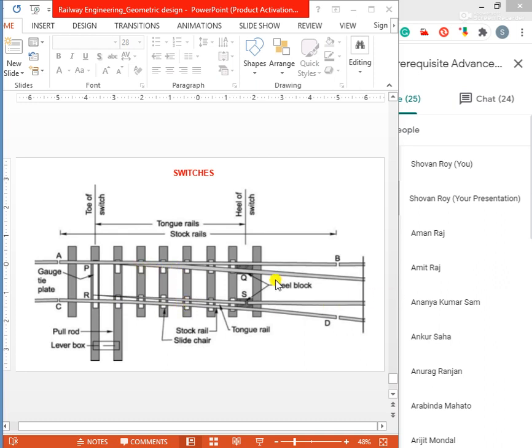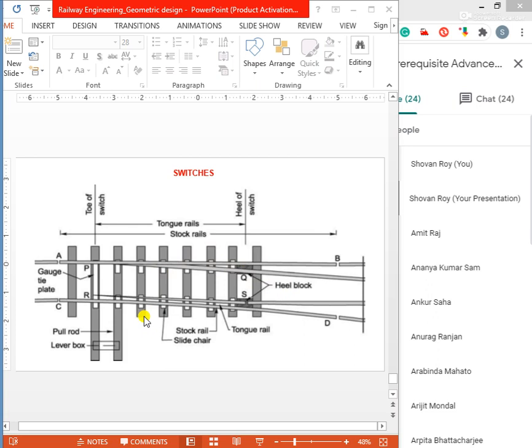These are normally the same rails we have studied in our rail section, but these rail sections are converted into a sharp edge with the help of some machinery equipment.